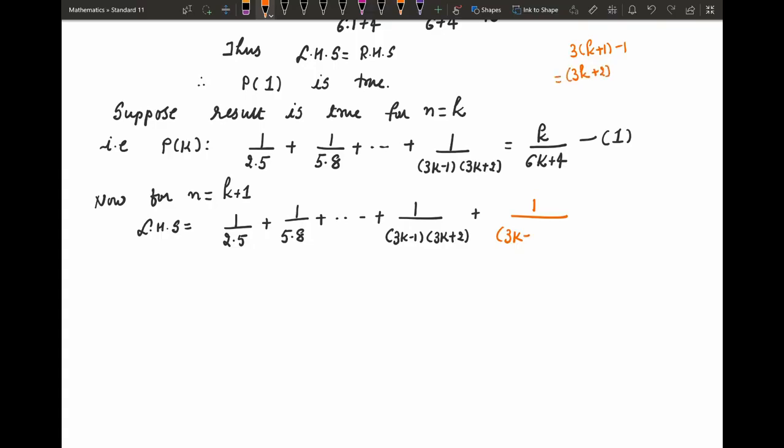So 3k plus 2 into now coefficient 3n plus 2. So replace n by k plus 1. So 3 into k plus 1 plus 2. So 3k plus 3 plus 2, that is 3k plus 5. This is k plus 1th term.